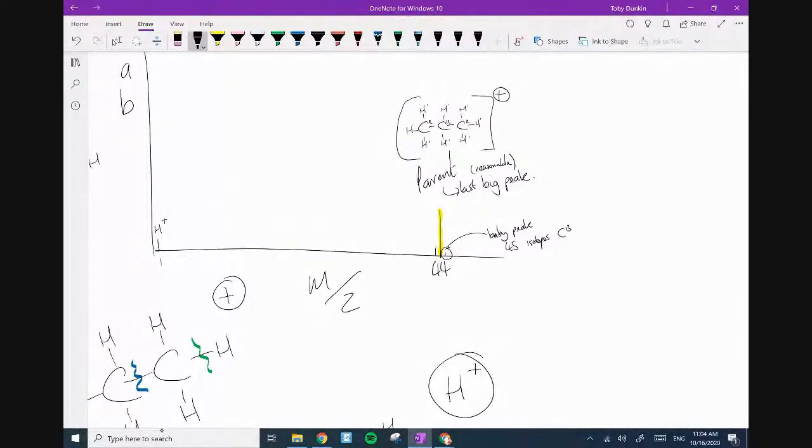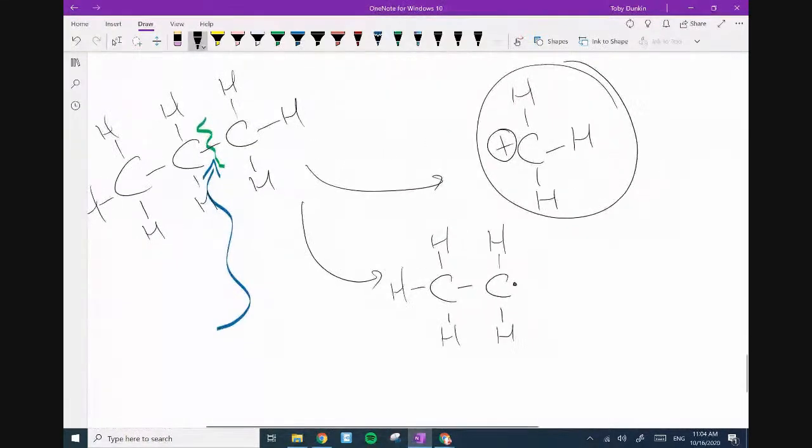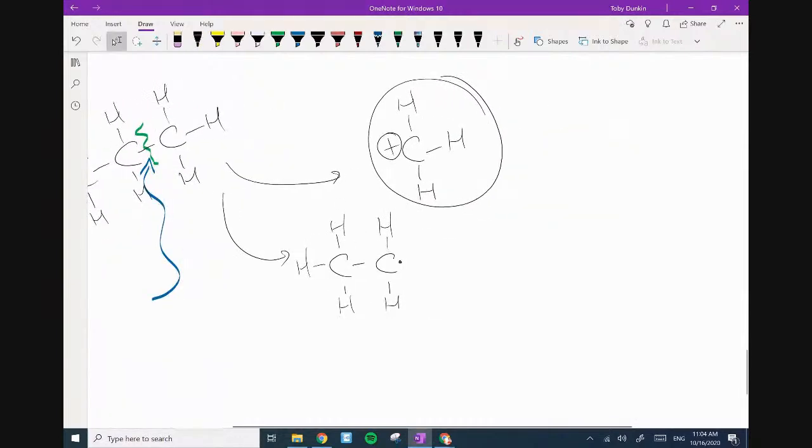I'm going to get a peak at 15, and that's going to be caused by CH3+. Now, it could also go the other way. The electron could go with the other piece in either direction, in which case I'm going to see this.